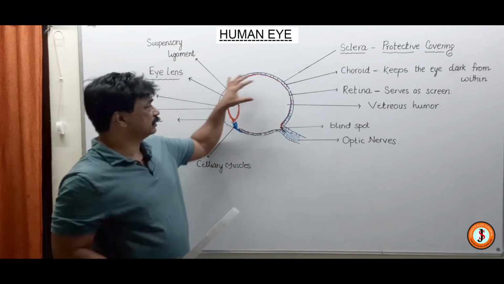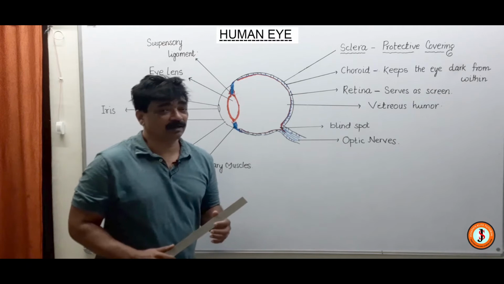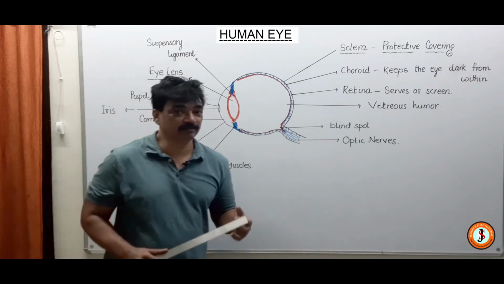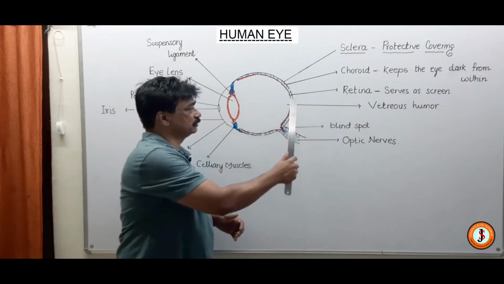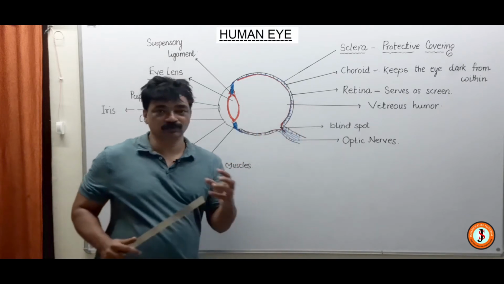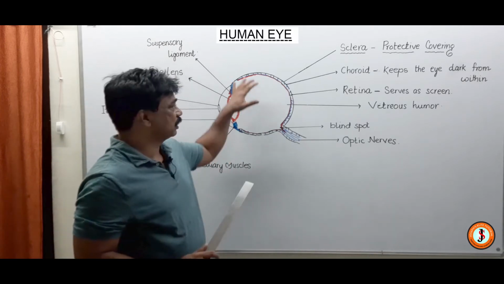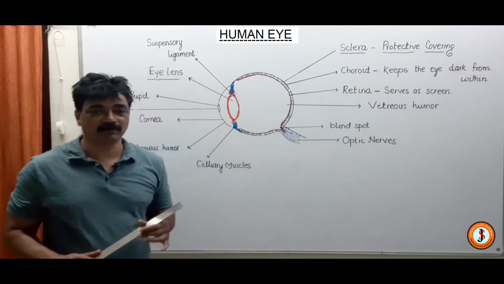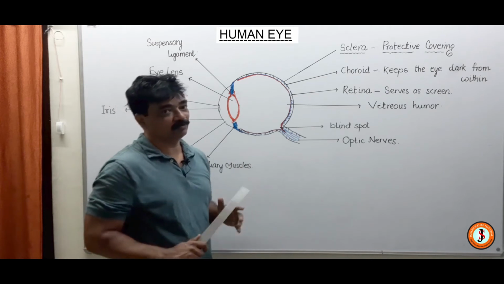If there is any internal reflection, then the images formed by the eye may not be clear, may be blurred, or multiple images might be formed. Therefore, there should be complete darkness to get the image right, and therefore the choroid walls are the dark muscular layer which keeps the eye dark from within.